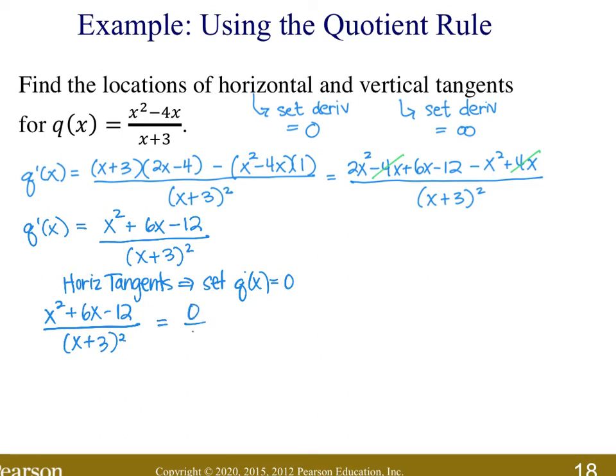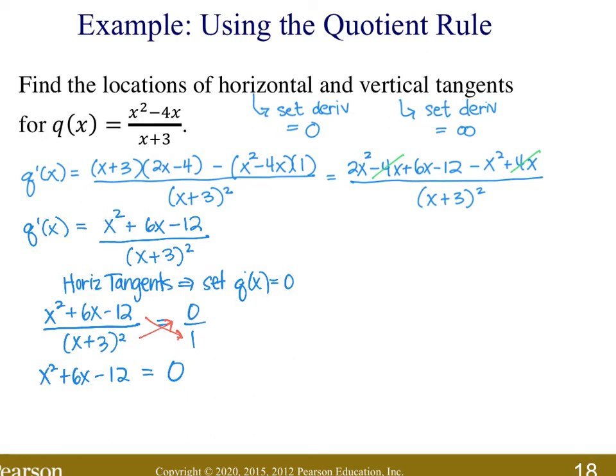Now I always say, always set it to 0 over 1. The reason I say set it equal to 0 over 1 is because then I can cross multiply. I'm going to cross multiply that way and this way. When I cross multiply, x squared plus 6x minus 12 times 1, and then the denominator cross multiplied, I get 0. And that becomes a much simpler problem for you as a calculus student to solve.